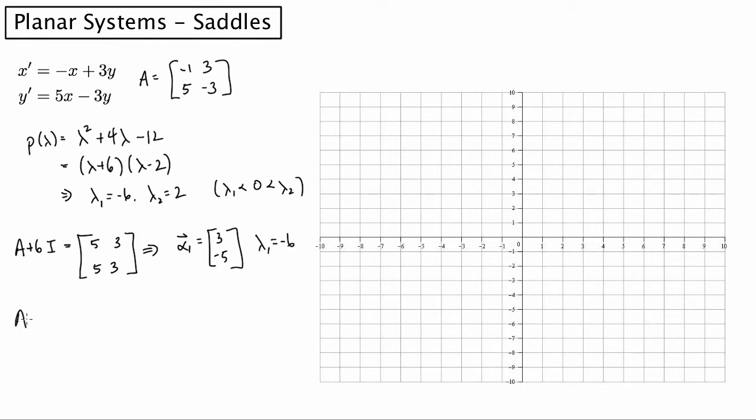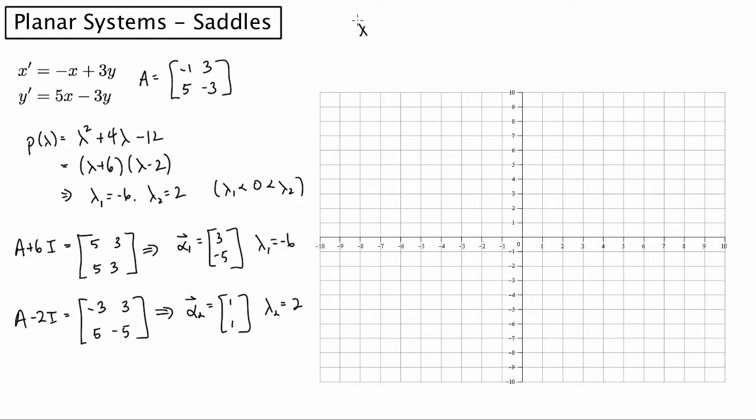And then if I look at A minus 2I, corresponding to lambda equal to 2, then the appropriate coefficient matrix there is negative 3, 3, 5, and negative 5. And so the alpha 2 value is going to be, let's see, 1, 1 works here. And our second value associated with that is 2.